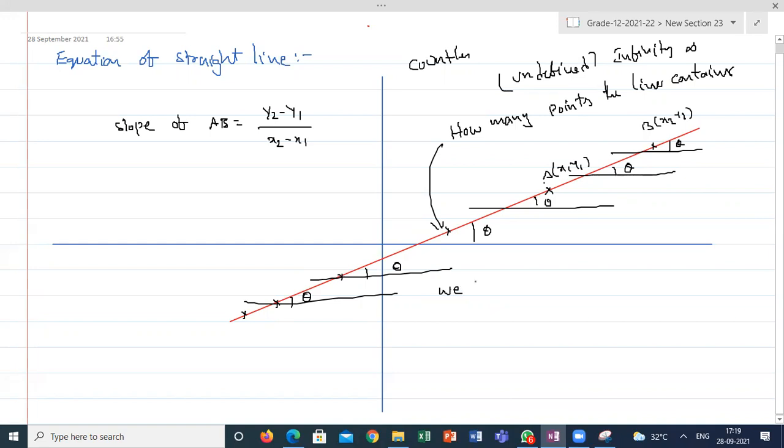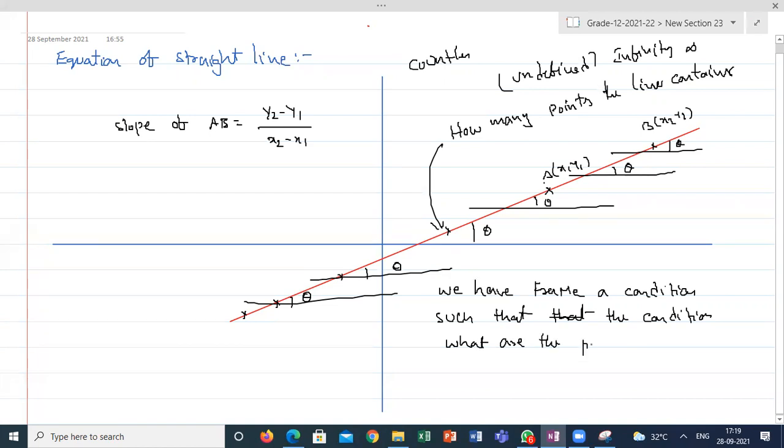We have to frame a condition such that the condition will explain what the points on that line are.